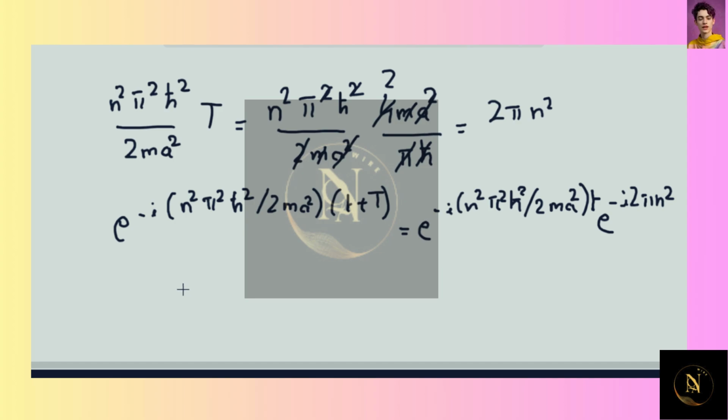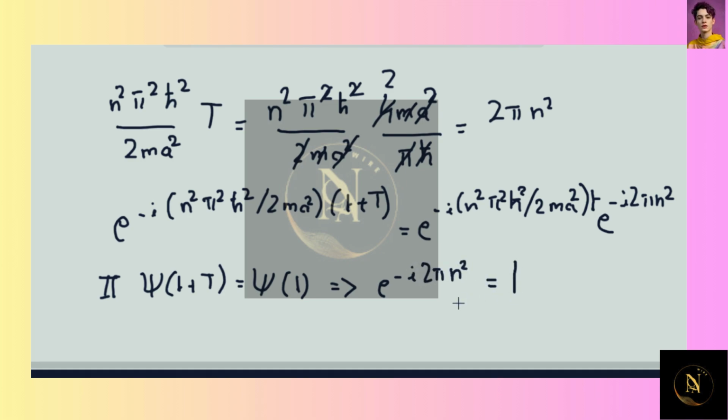So this means if Ψ(t+T) equals Ψ(t), it implies e to the power minus i 2π n² should be equal to 1.